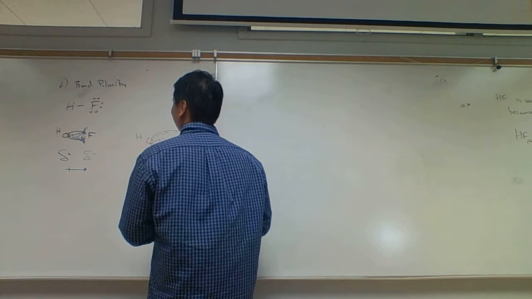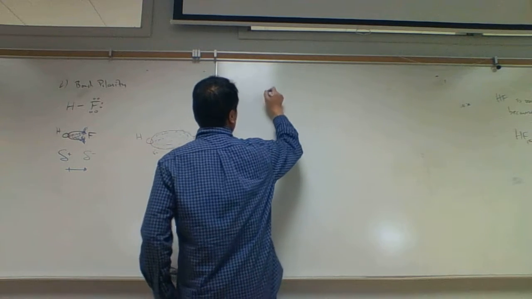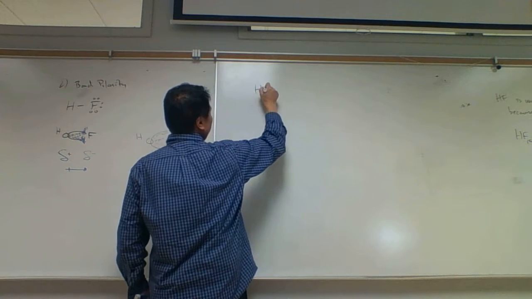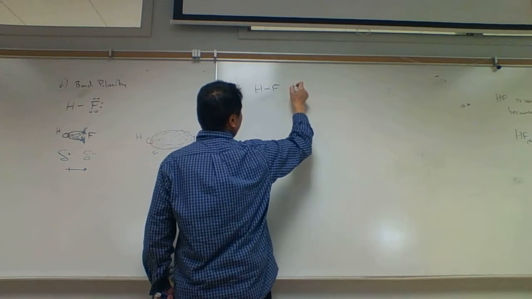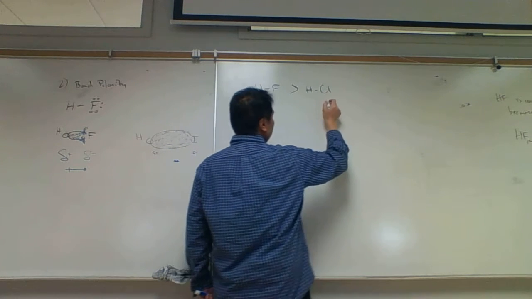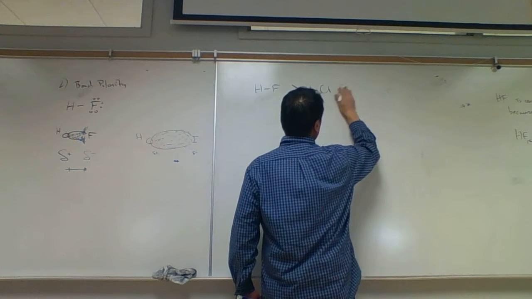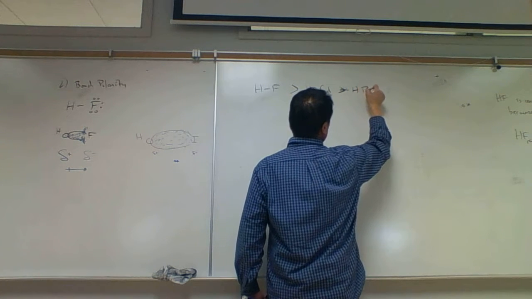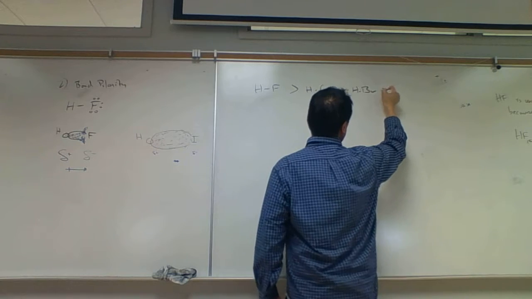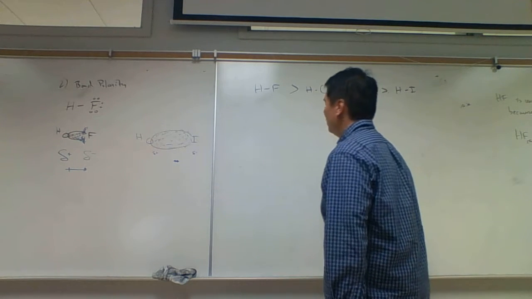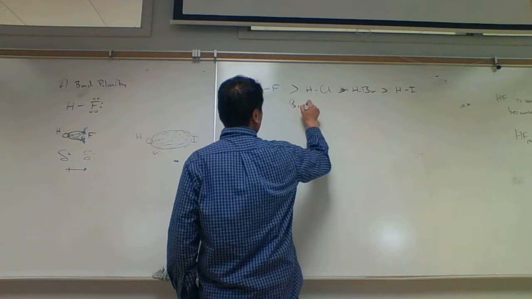Up to an extent. And so as far as bond polarity goes, this is the ranking we would have. HF should be the highest in terms of bond polarity, and HI should be the lowest bond polarity. And so this is for bond polarity.